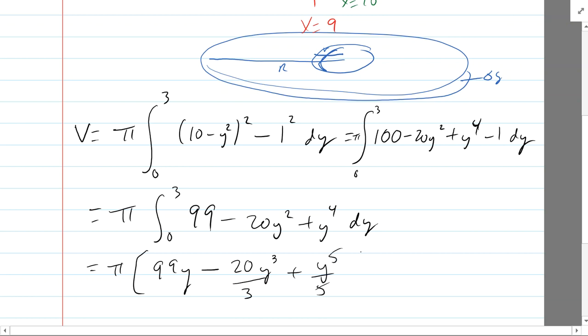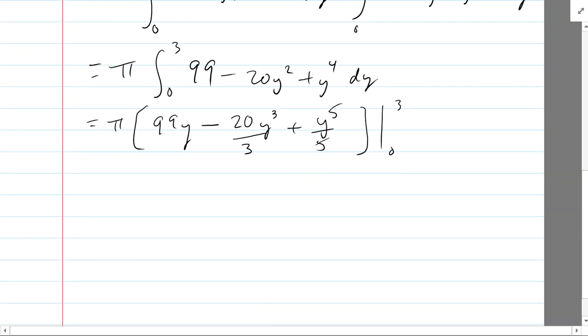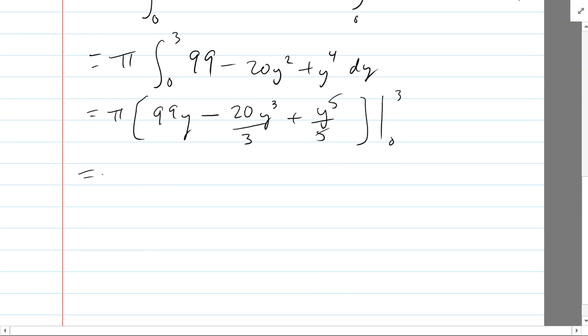Evaluating from 0 to 3. You don't have to evaluate it, but you do have to plug it in. So you're going to end up with 99 times 3 minus, well, I got 3 cubed over 3, so that's going to be 9. So that's 180. You can do that one, right? Plus 3 to the 5th over 5, you don't have to evaluate it. Minus 0, and you're done. If you don't have a calculator, you don't have to simplify it anymore. Fair enough?